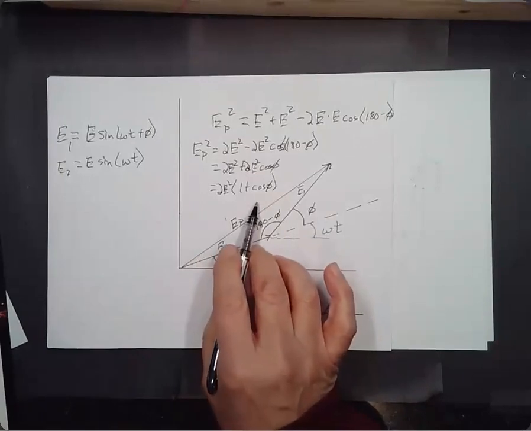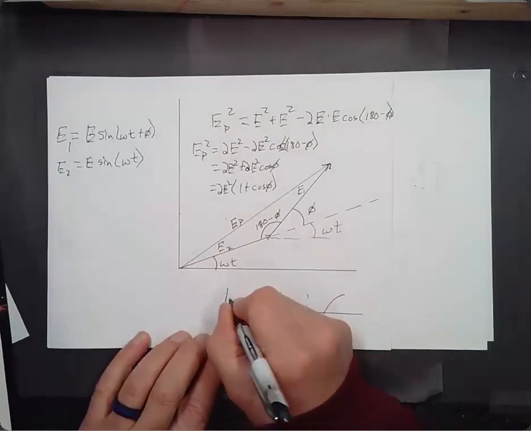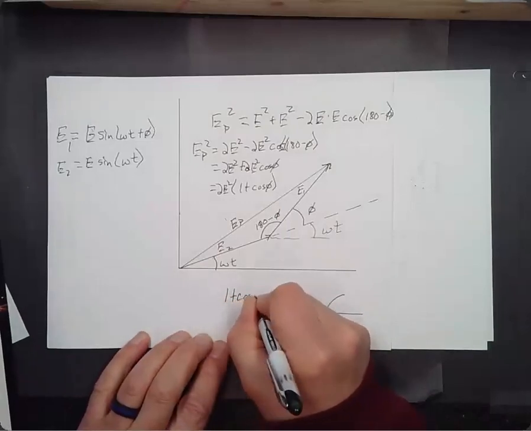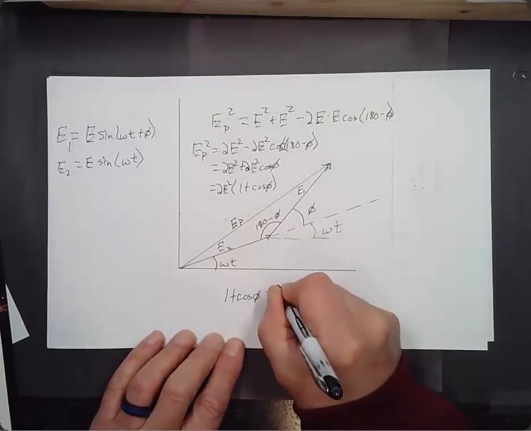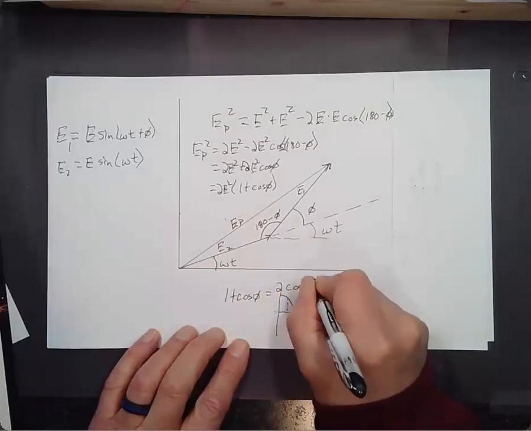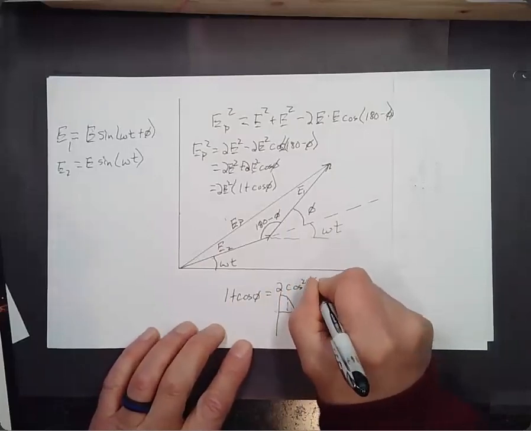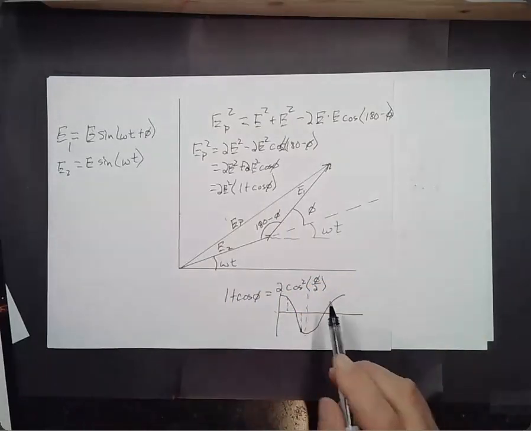But there's a trig identity that 1 plus the cosine of phi is equal to 2 times the cosine squared of phi divided by 2. Holy cow.